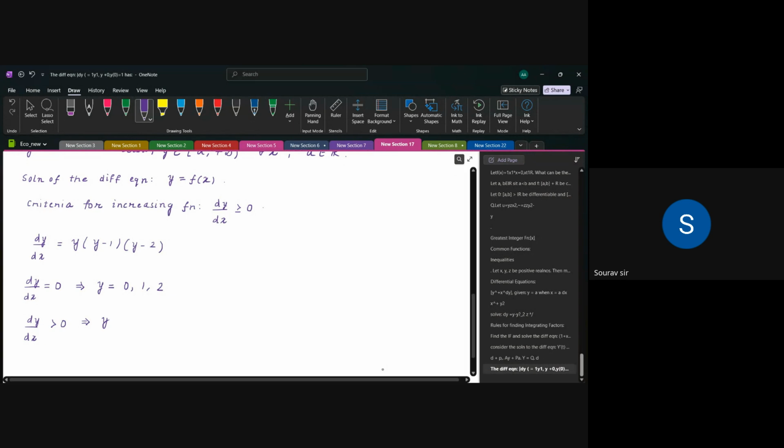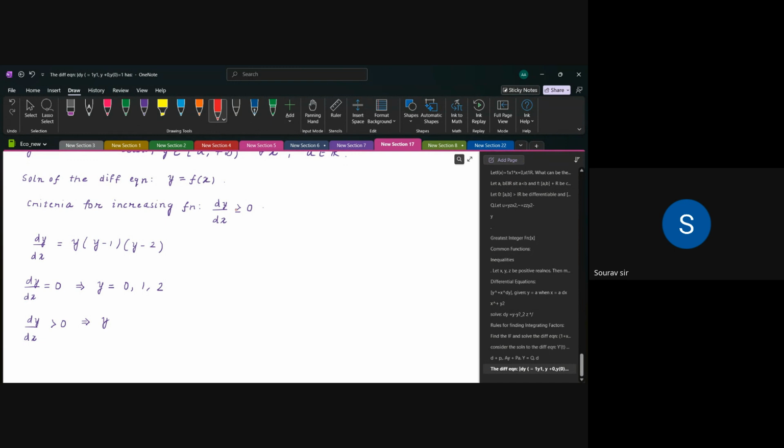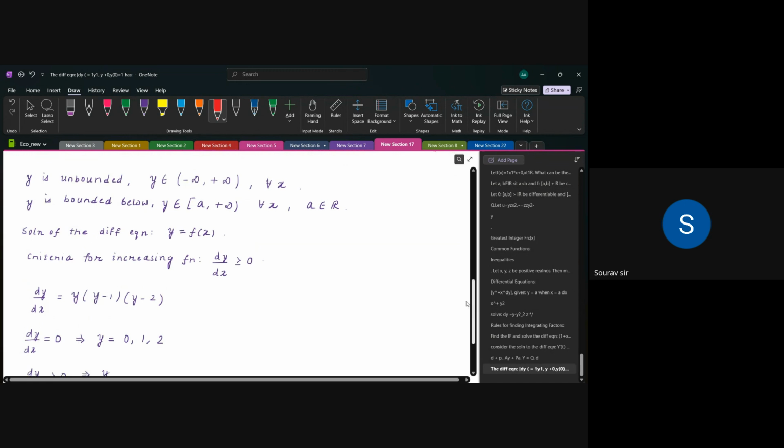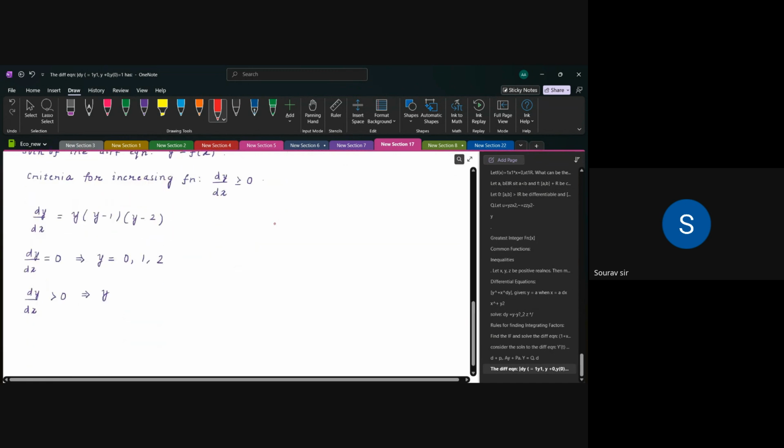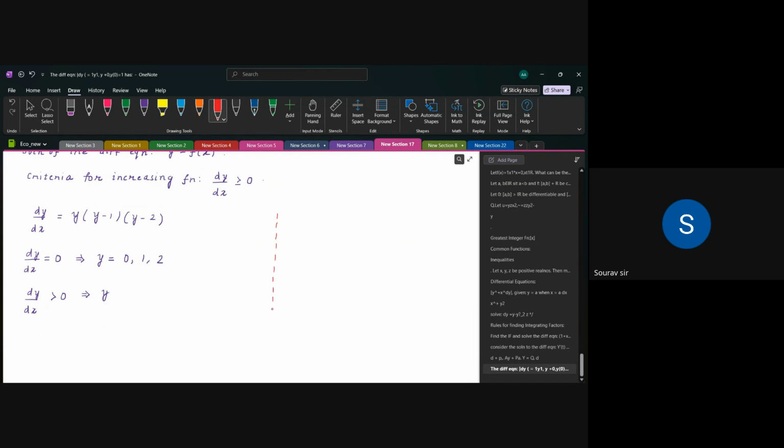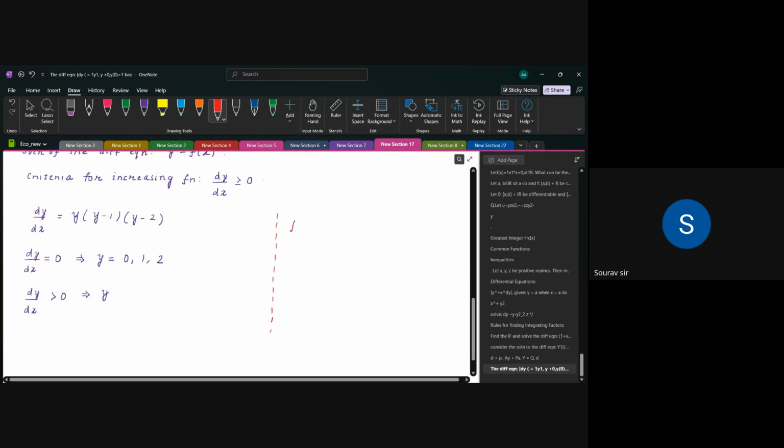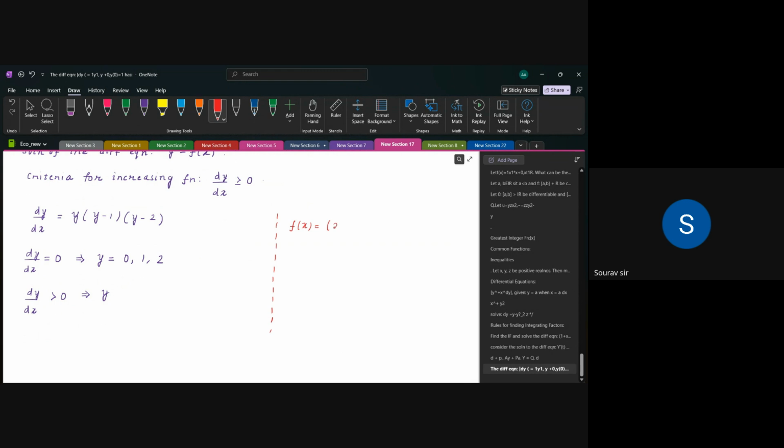So let me explain this to all of you in case you are new to this concept. Okay. Let me take a simple example over here. f(x) equals (x minus 1)(x minus 2)(x minus 3).